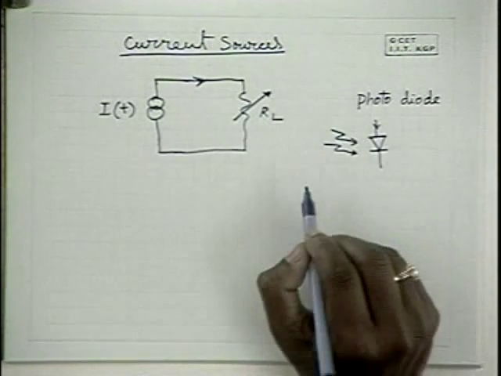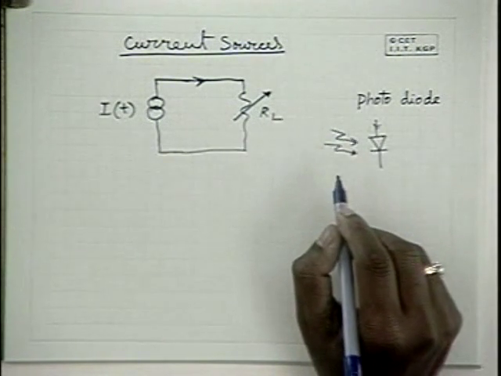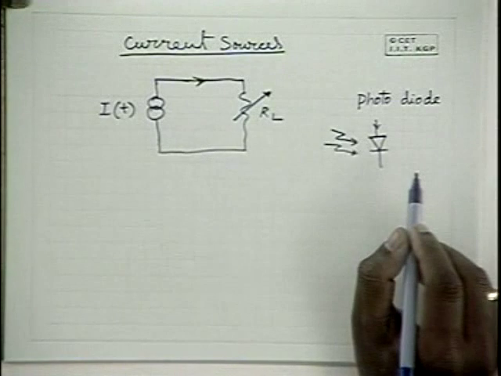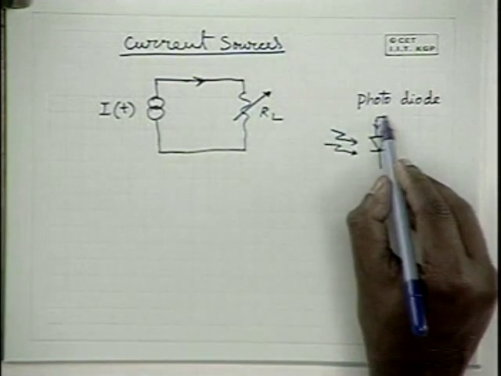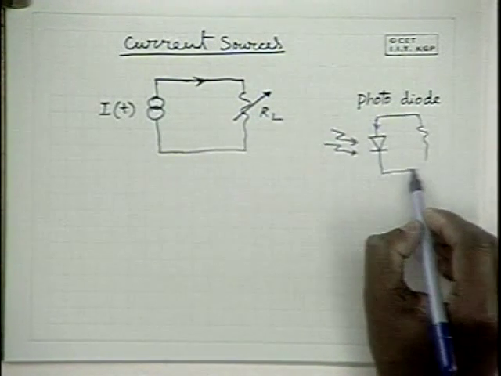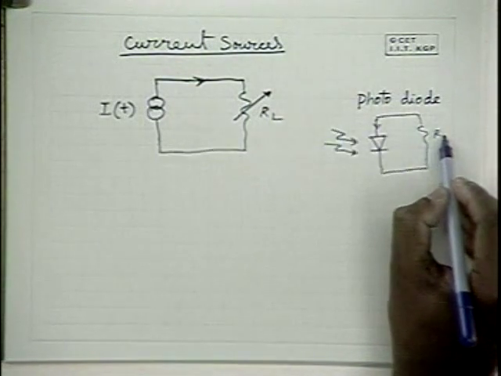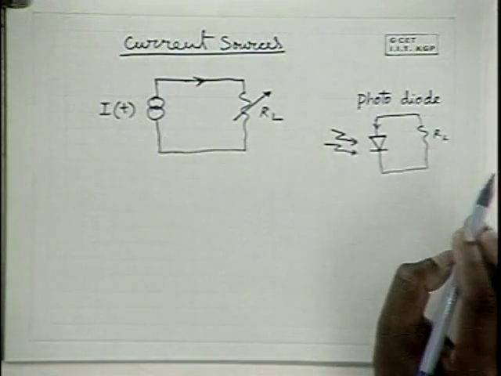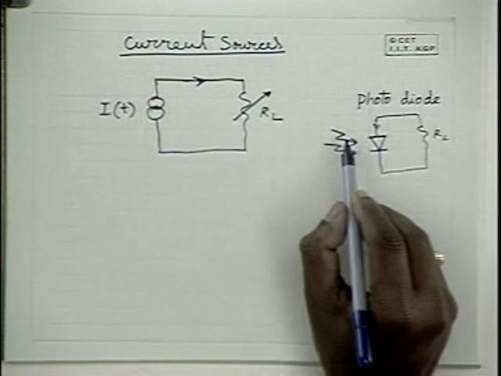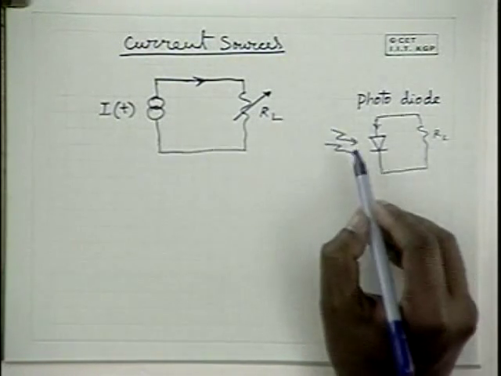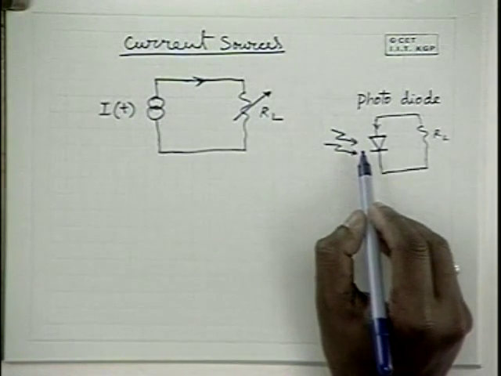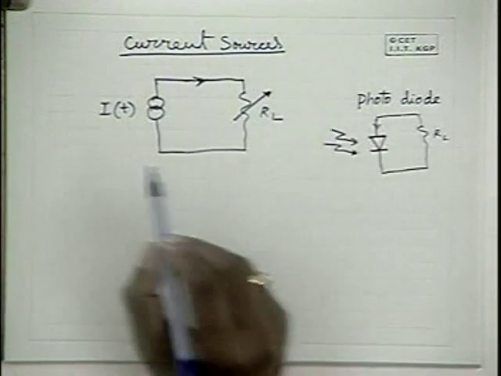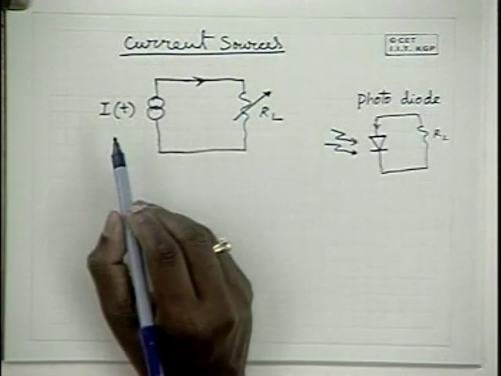Current is proportional to the light intensity and not the load resistance. Well, the voltage is proportional to the current that flows when you pass it to a load resistance. That is a different matter, but the current is almost independent of load resistance, and is only proportional to the light intensity. Hence, a photodiode can be treated as a current source.